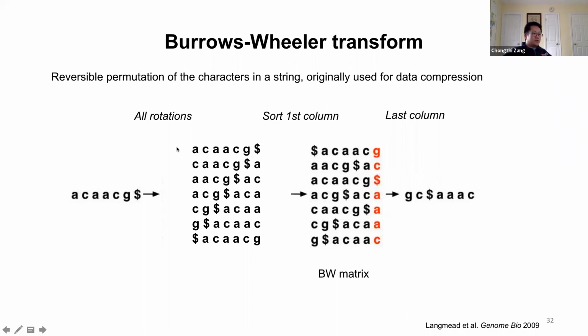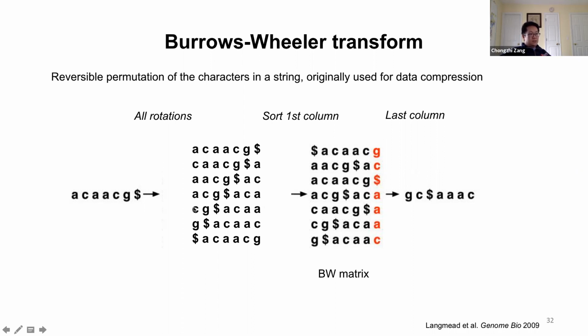The Burrows-Wheeler transform first rotates this sequence. The original is ACAACG$, and then we move the first character to the last, keeping all the other characters unchanged, to get one rotation of the sequence, and include all the possible rotations of this string.